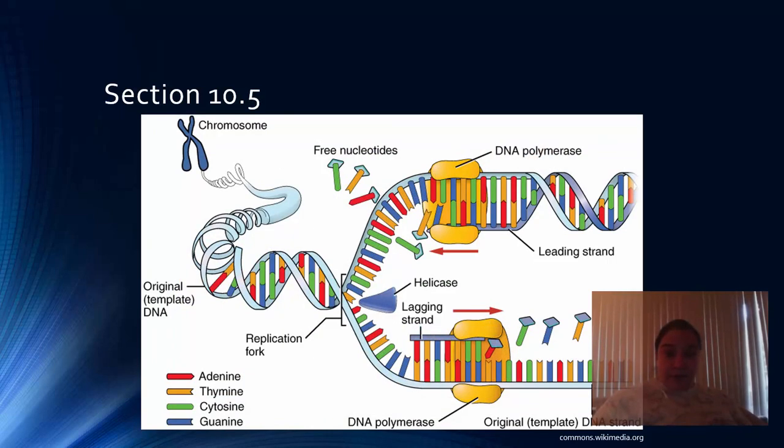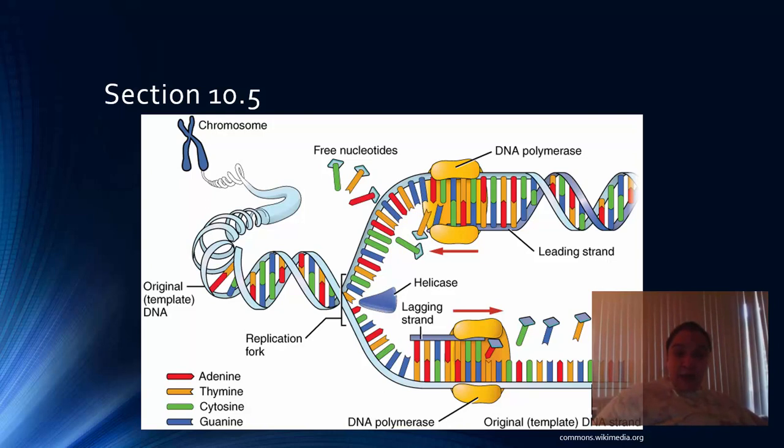In these bubbles, replication goes on, building a new strand of DNA to attach to that open area, until finally all the bubbles open up and connect with each other, and the two new copies of DNA float away from each other.